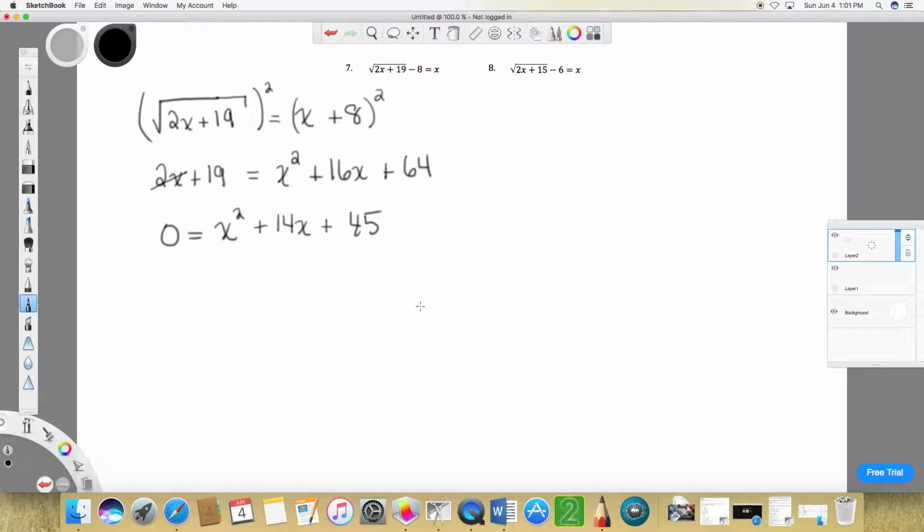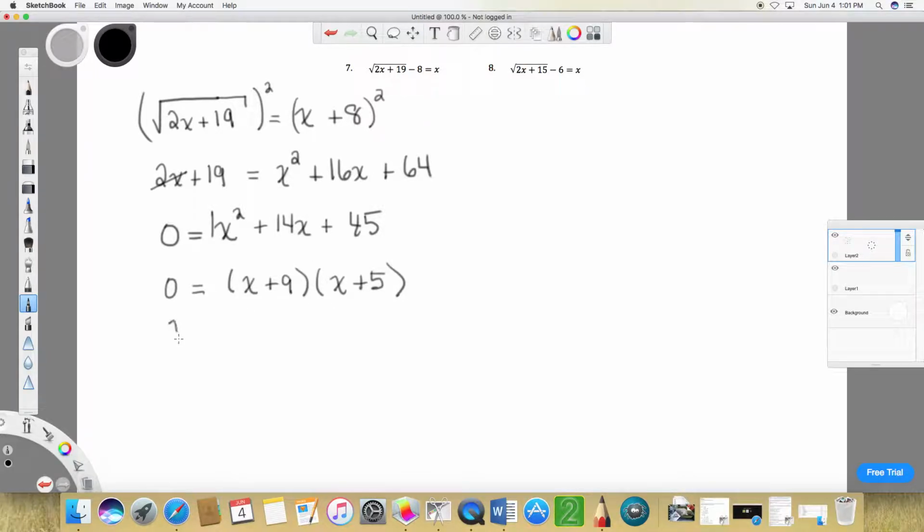All right. Let's come up with two numbers that multiply together to give us 45, but when added give us 14. And 9 times 5 does the trick. If I have x plus 9 times x plus 5, that will multiply together to give me that quadratic equation.